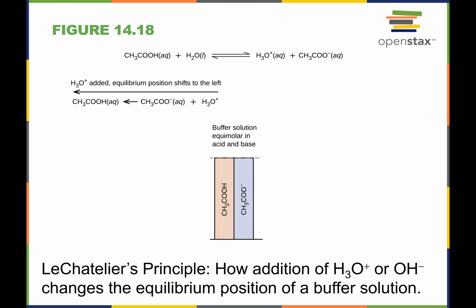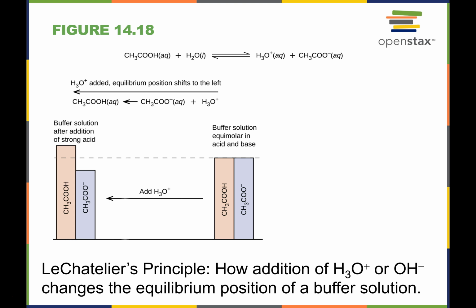If we dump some H plus in there, our H plus is going to be gobbled up by our conjugate base, acetate, to form acetic acid. So we add acid, and we still have our conjugate base to a certain extent, but some of it has been changed to the weak acid.